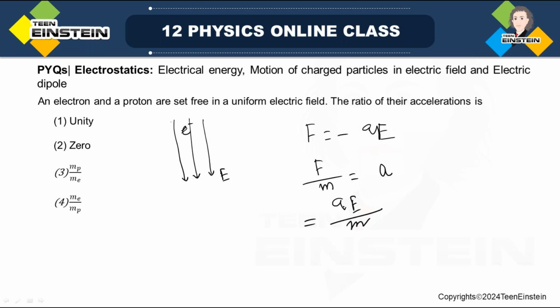So for one electron and one proton, they have eventually the same charge, but they don't have the same mass.